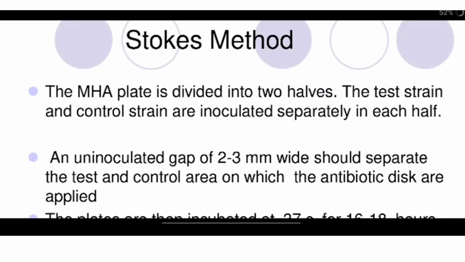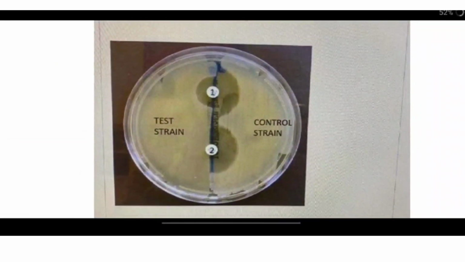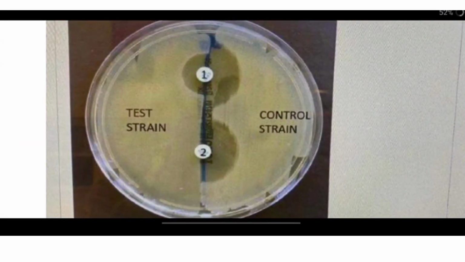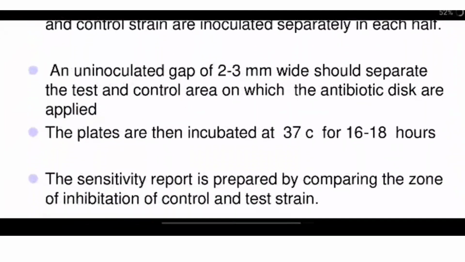The test strain and control strain are inoculated separately in each half. An uninoculated gap of 2 to 3 mm wide should separate the test and control, on which the antibiotic discs are applied.